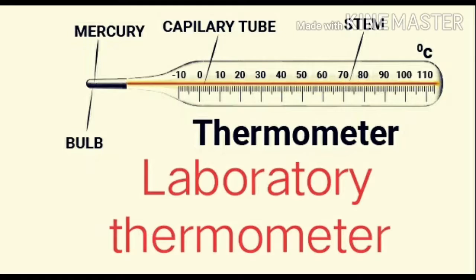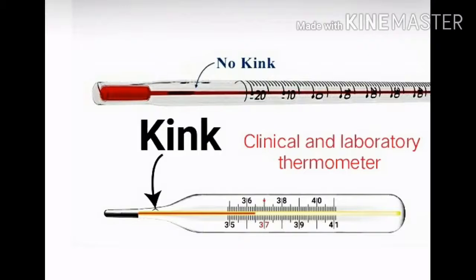A clinical thermometer is accurate to 0.2 degree Celsius.